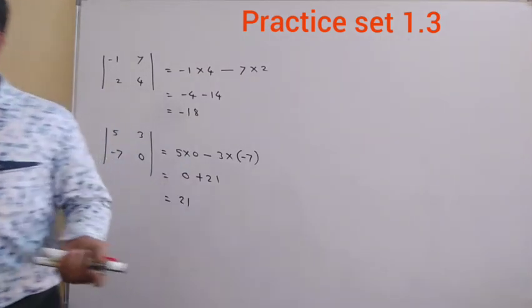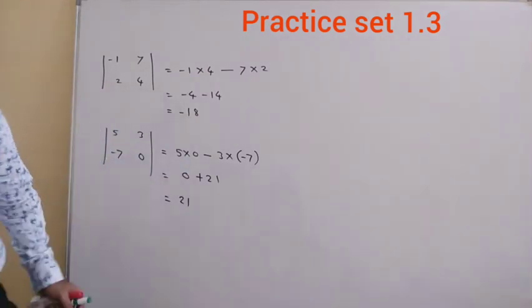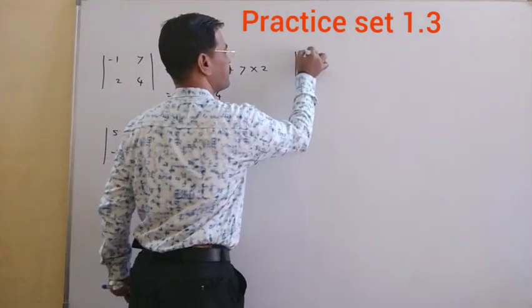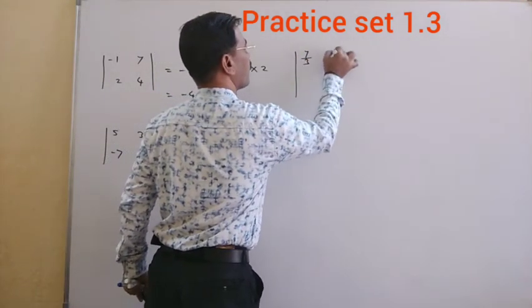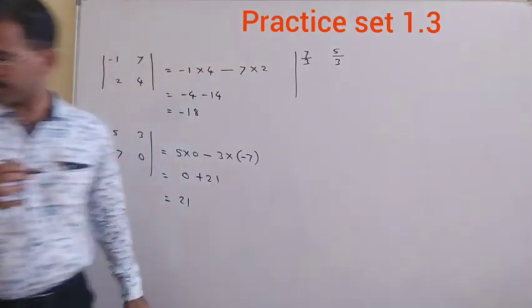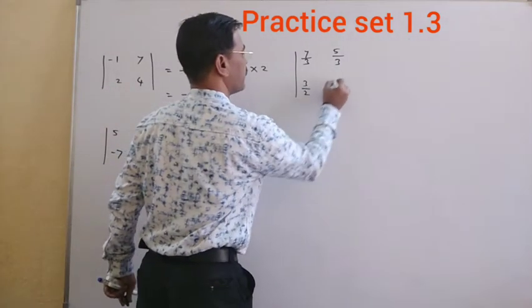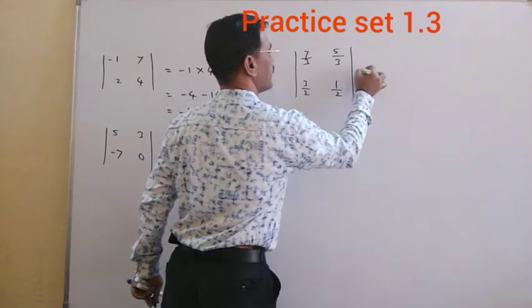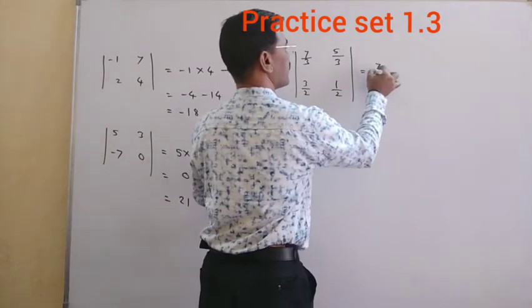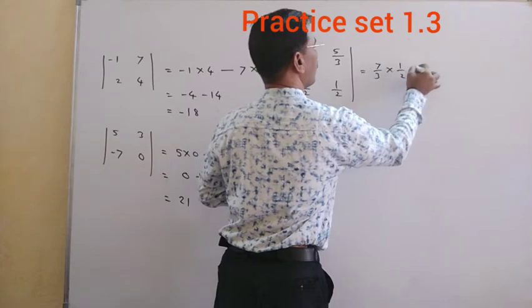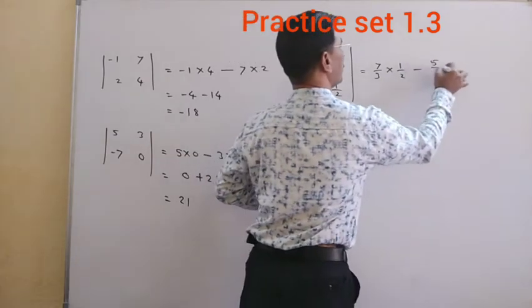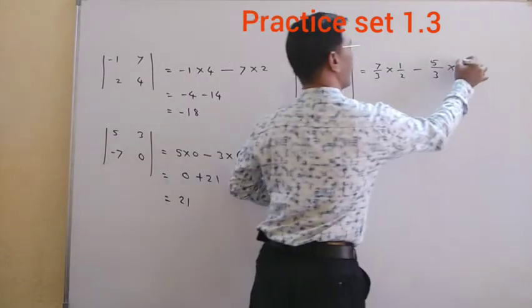Okay, we'll take one more example: 7 by 3, 5 by 3, 3 by 2, and half. See here friends, again very simple. 7 upon 3 into half minus 5 by 3 into 3 by 2.